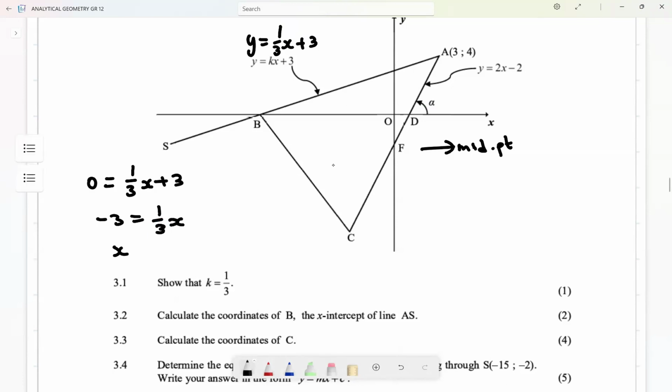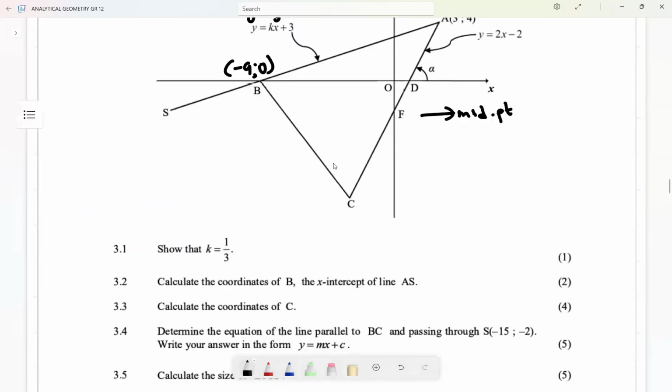Then I multiply by 3 on both sides. x is going to be -9. So the coordinates are x is -9, y is 0. Easy, 3 marks.